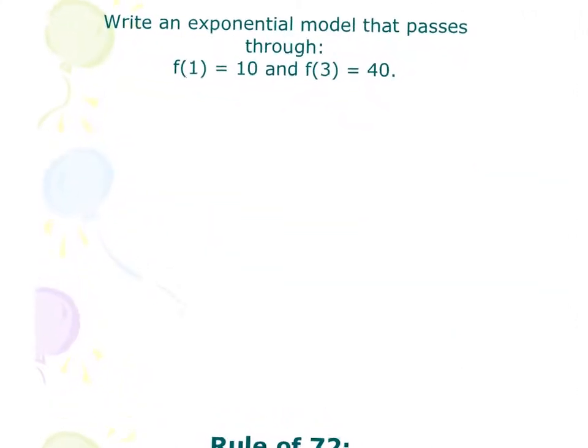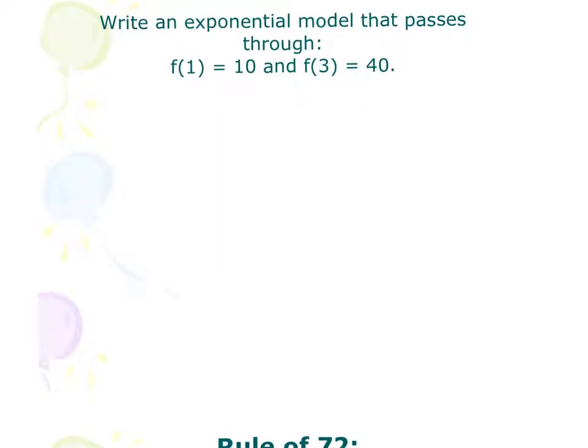This is, for the most part, an unrelated little problem, but we do want to practice how to write an exponential model if we have 2 points on our exponential curve. So here we're not talking about half-lives or doubling or anything like that. Just the basic form of an exponential function is the starting amount times the growth rate to the x power.